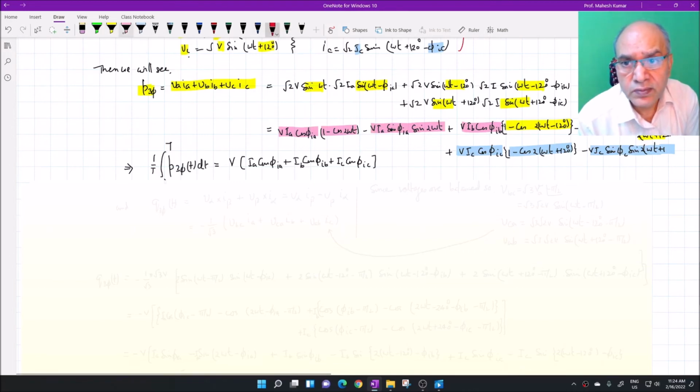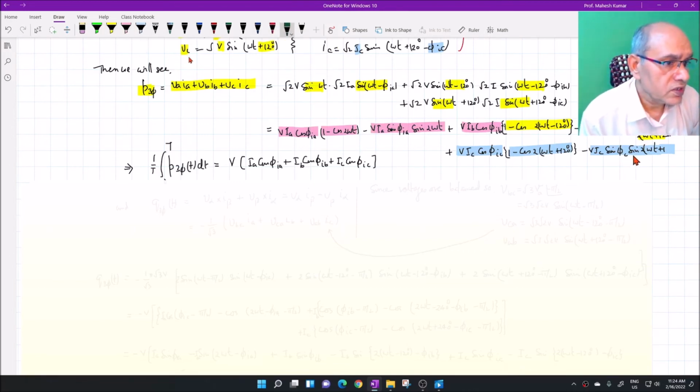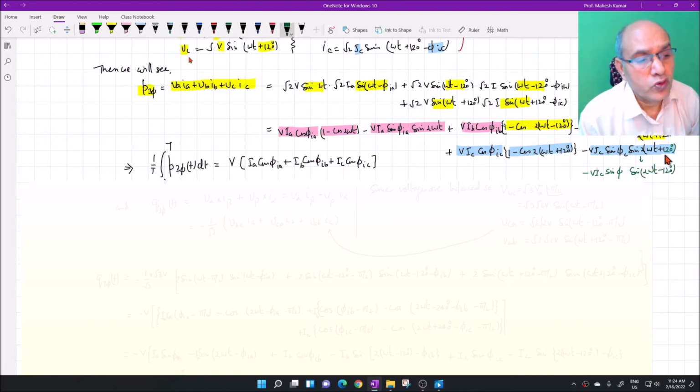So the value is sin phi C sin 2 omega t plus 120 degrees, and that becomes minus VIC sin phi C sin 2 omega t minus 120 degrees, because minus 120 degrees is the same as 240 degrees. So that can be simplified.